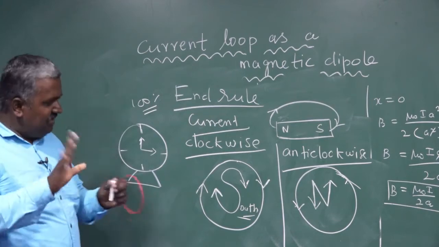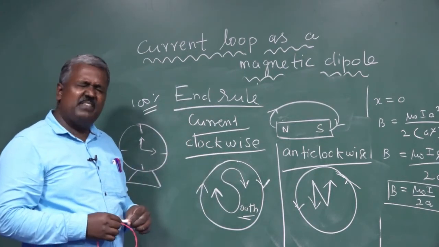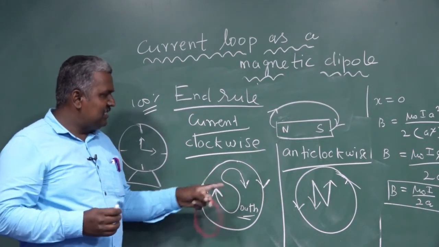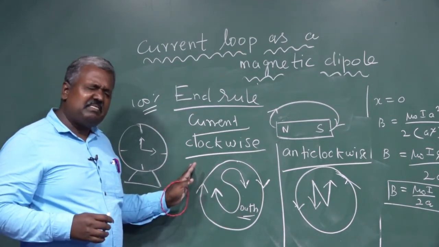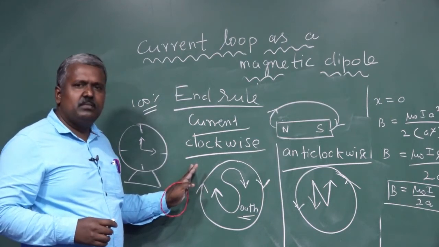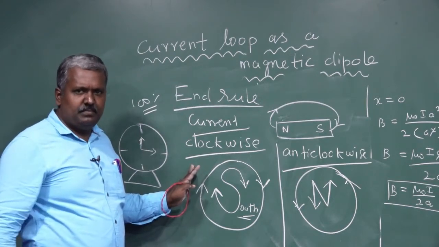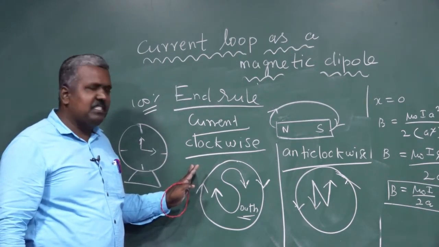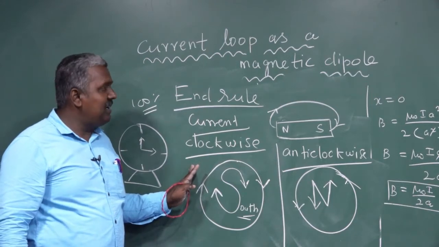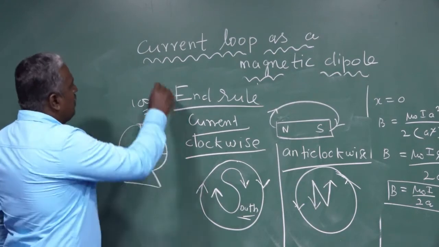Because there is no question paper without this question. This concept is widely used in solving the 1 mark problems in the NEET examination. Very, very important: the end rule and the right hand thumb rule.